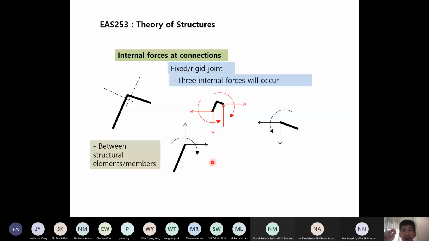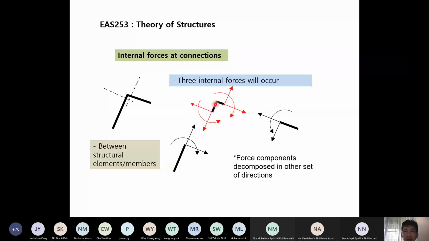With a fixed connection, there are three. The directions I showed you, we can also show in this way. If you don't like these directions, if it is more convenient to put the directions like this, we can also show it in this way.